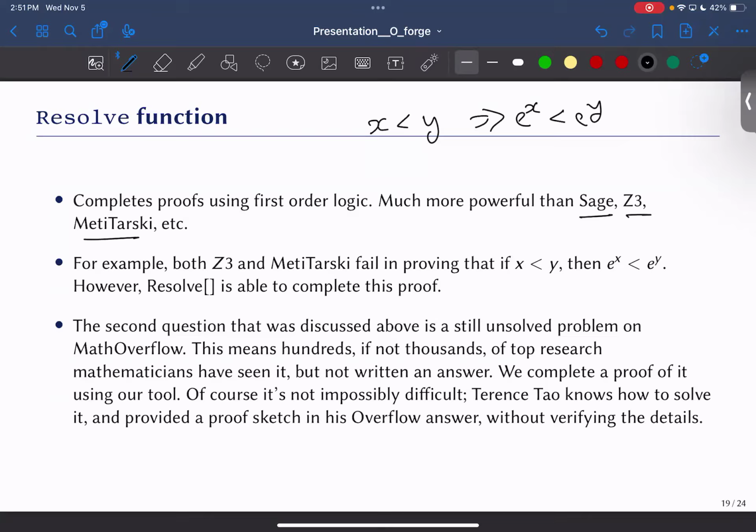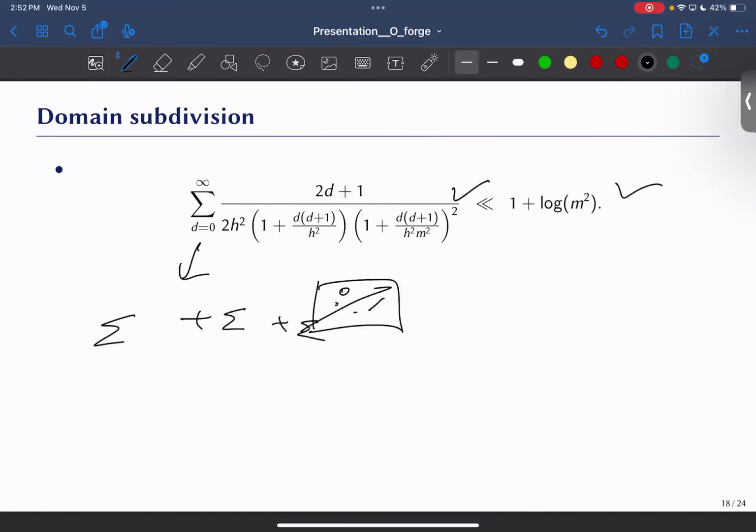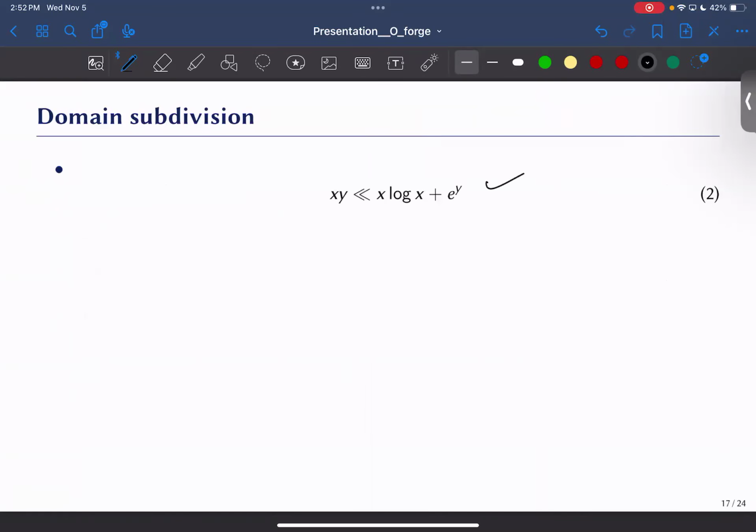Right. So maybe they're thinking of it in that way. They're just very underpowered. They can't deal with transcendental functions in particular. Metitarski is supposed to deal with transcendental functions. That's the reason why it was defined, but it was just not able to implement it. So we tried everything else before we tried Resolve. And Resolve works the best for our purposes because it can actually deal with some complicated things like this and prove this and so on.